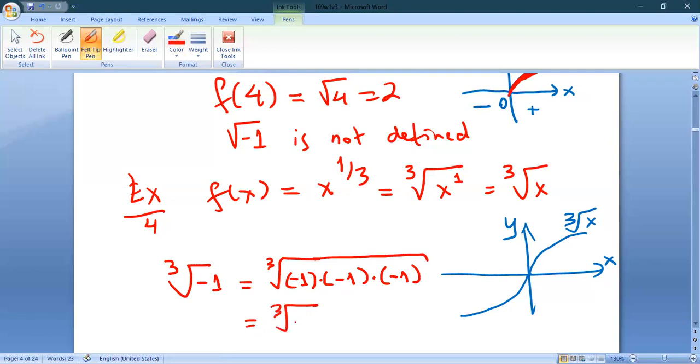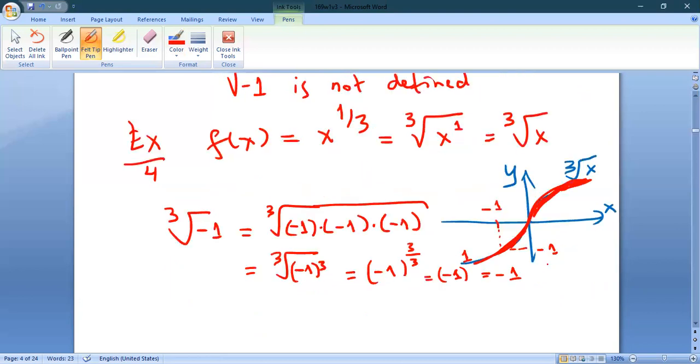So we have -1 cubed, and then we can write this expression as -1 to the 3 over 3, which is -1 to the first power, and any first power of any number is that number again. So we have also values defined for negative numbers. So the cubic root of x function will be also defined for negative numbers.